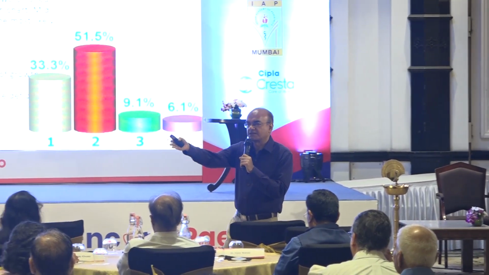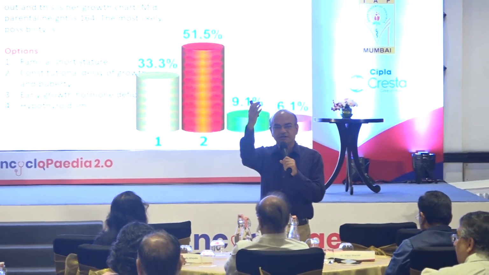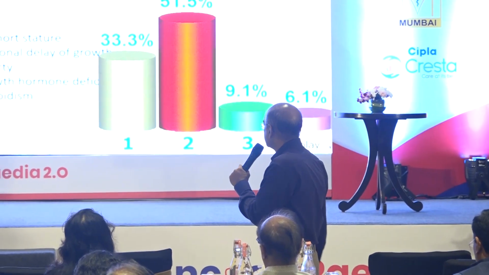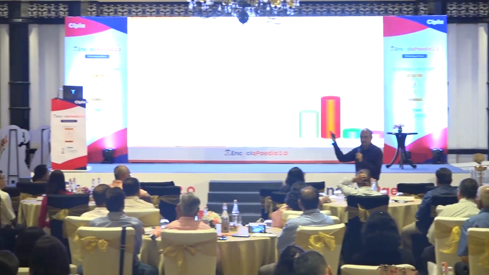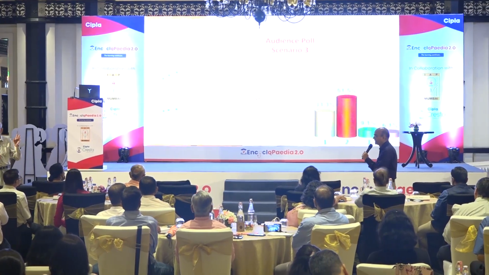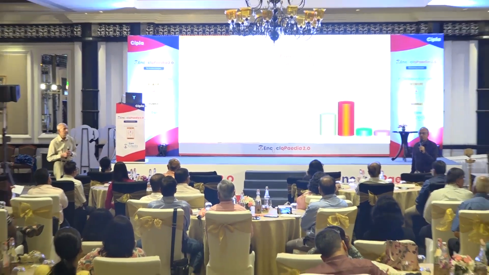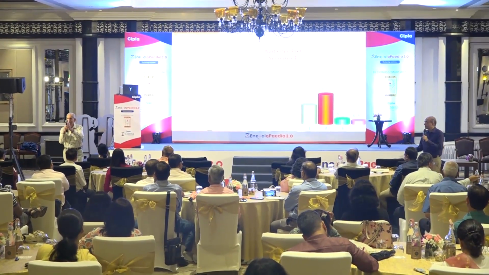So what Praveen Mehta sir said earlier about velocity, same he also said. So that's why no, and familial no because the parents are reasonably good height, right? So this is constitutional delay.